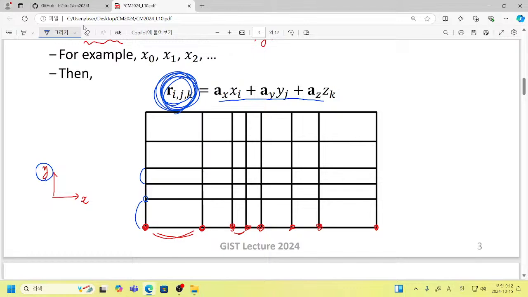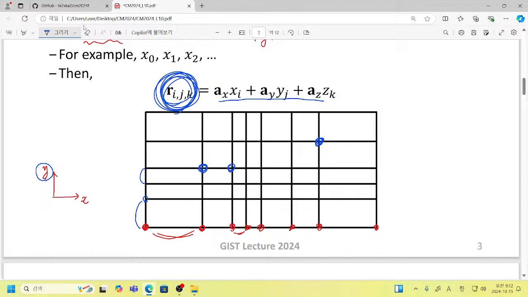So that means here we have points, here we have points. If we have any arbitrary point here, then we can label it with two different integer indices.